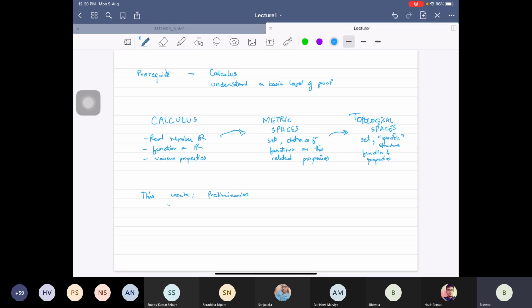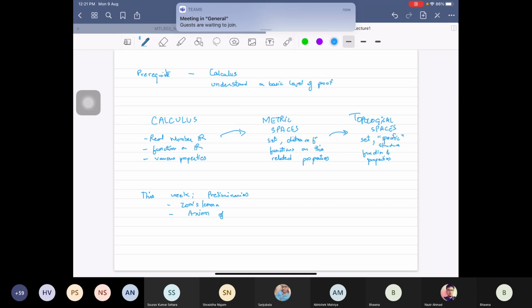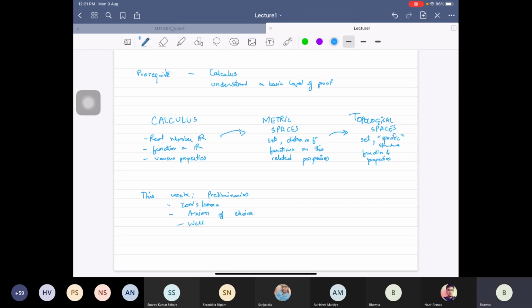Okay, so we have Zorn's lemma, axiom of choice, well ordering principle of natural numbers, which we denote by N, countability and uncountability. That means countable and uncountable sets. Fine.